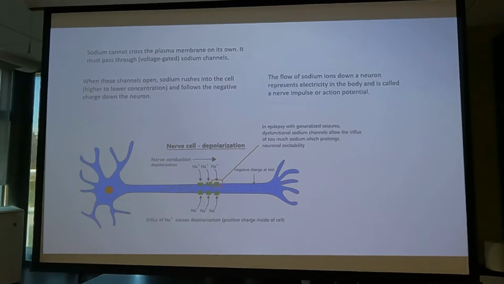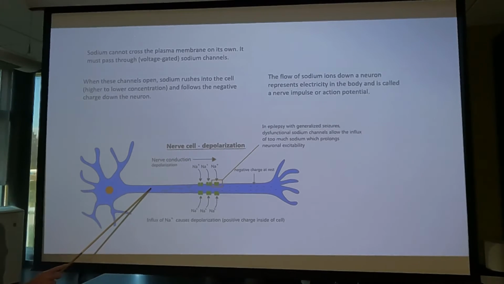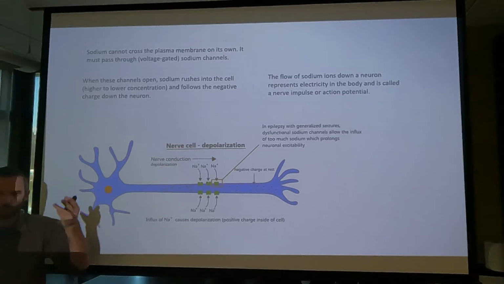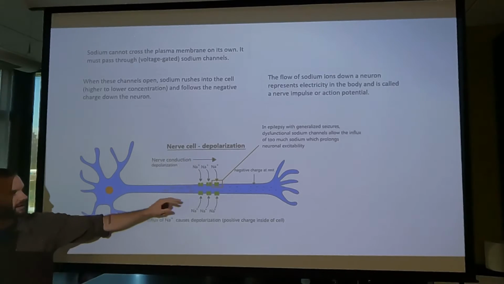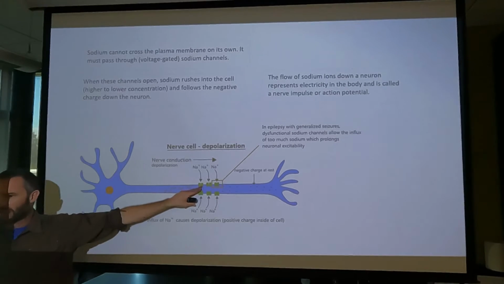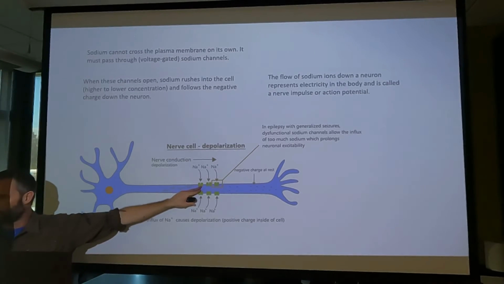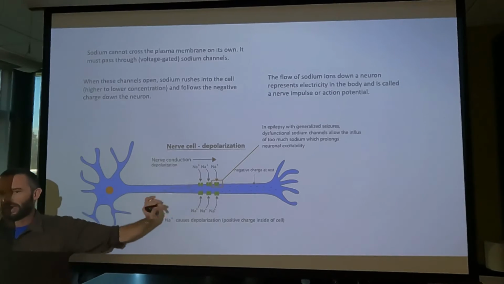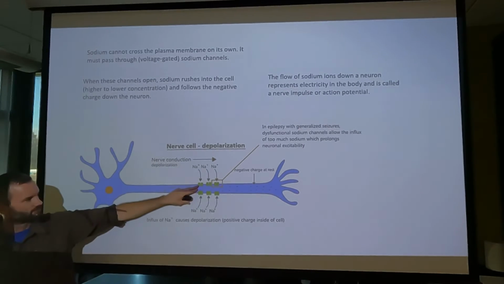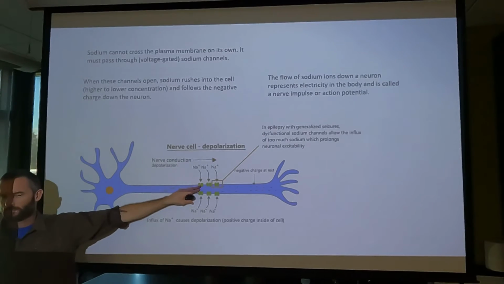Now, sodium on its own cannot pass freely through the plasma membrane into and out of the cell. There has to be what we call a channel that allows it to go through. Given the opportunity, this is called a voltage-gated sodium channel. If this channel opens, what's going to happen to sodium?